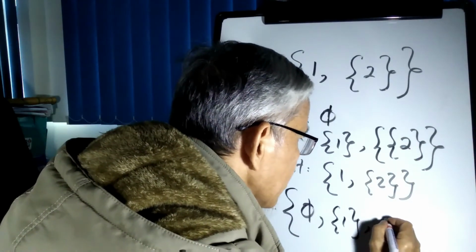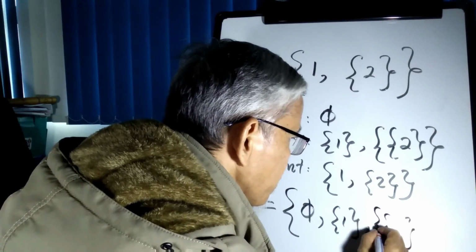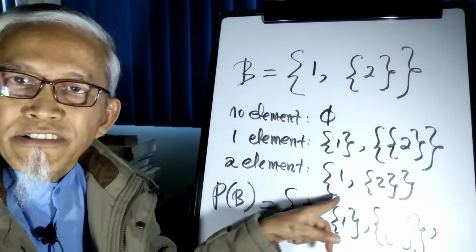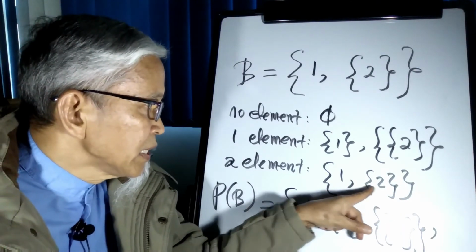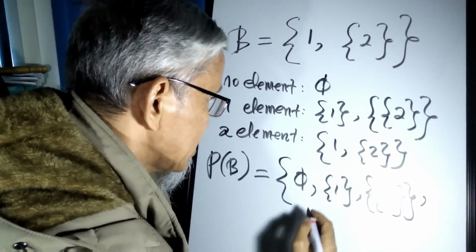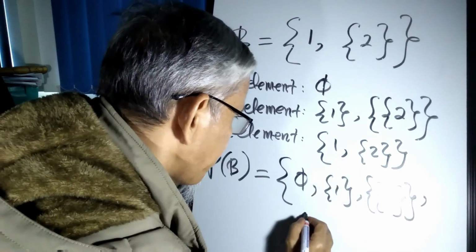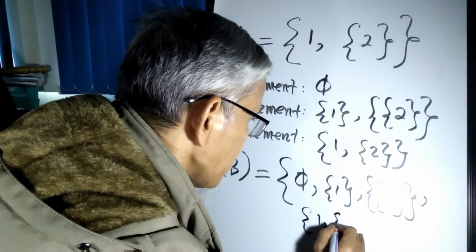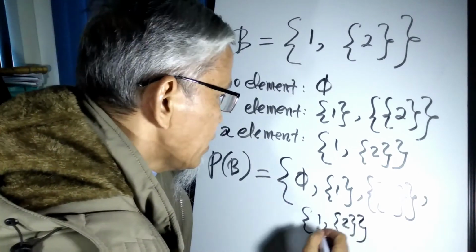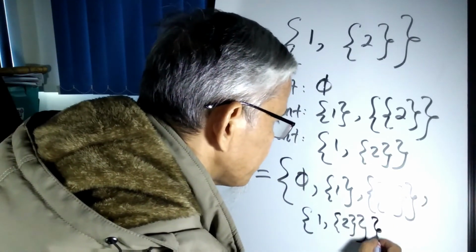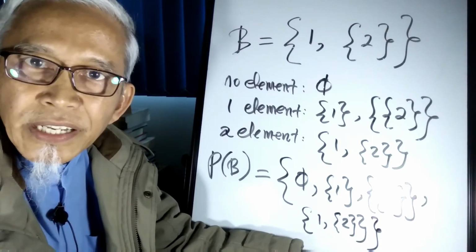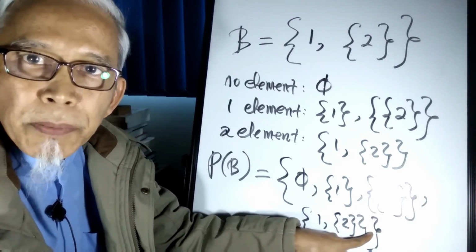Now copy this to there. And the last one is the set B itself. So copy this subset and write it down there to complete our power set. So this one is the last. After that comma, we write this set, 1 and the set containing 2. And then we close the bracket. This is the closing bracket for the power set.